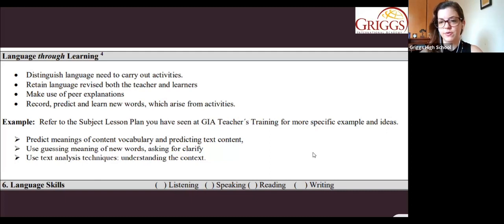So make sure to include a writing activity, even if it's a small writing practice, like they're gonna create sentences about something, or they're going to summarize some information, or they're going to write a short paragraph about something. Make sure to include all language skills practice.